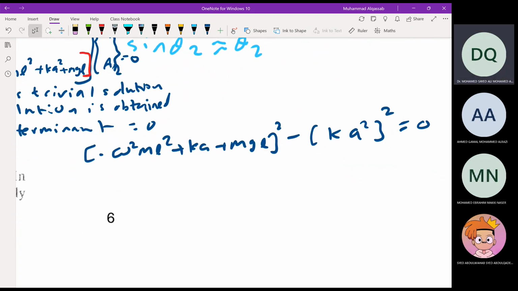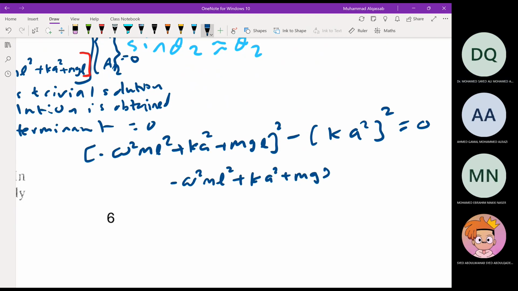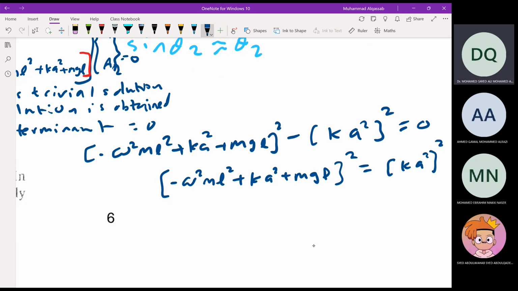So we can move the second term and take the square root. So this will be minus omega square ml squared plus Ka squared plus mgl, squared, equal to Ka squared, squared, right?